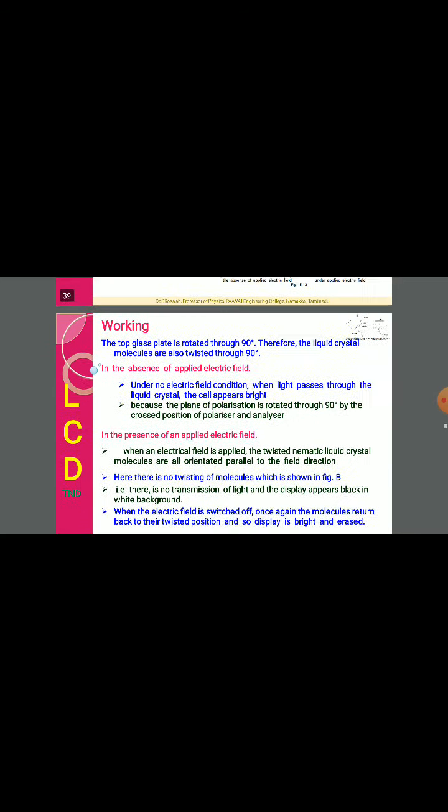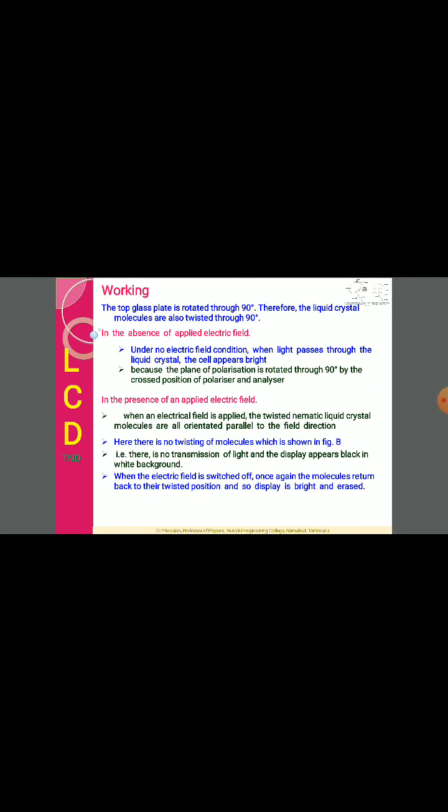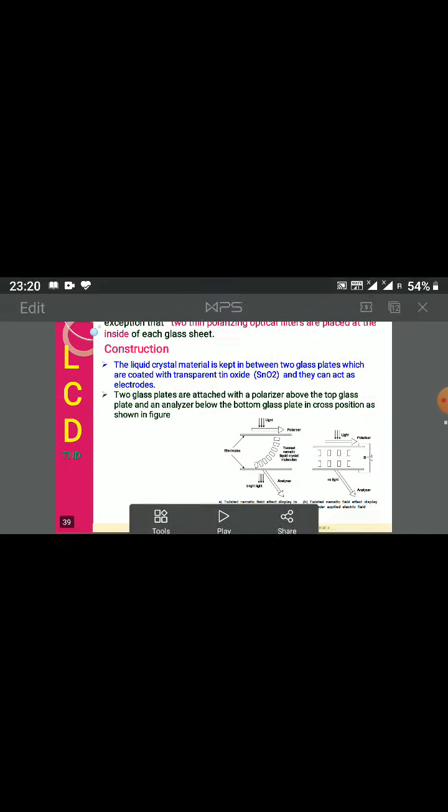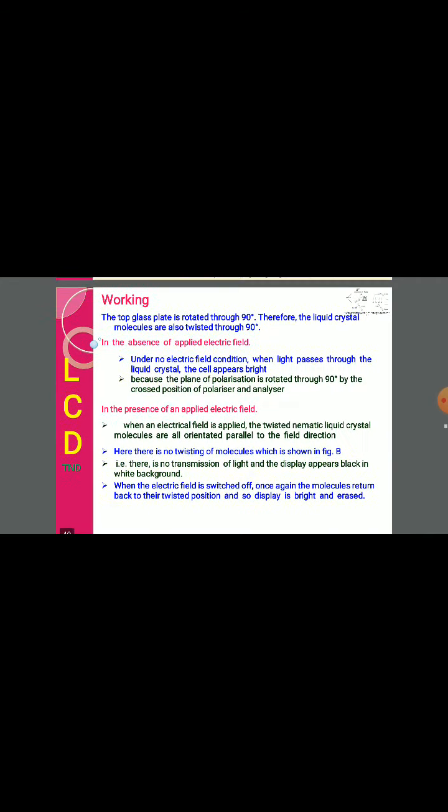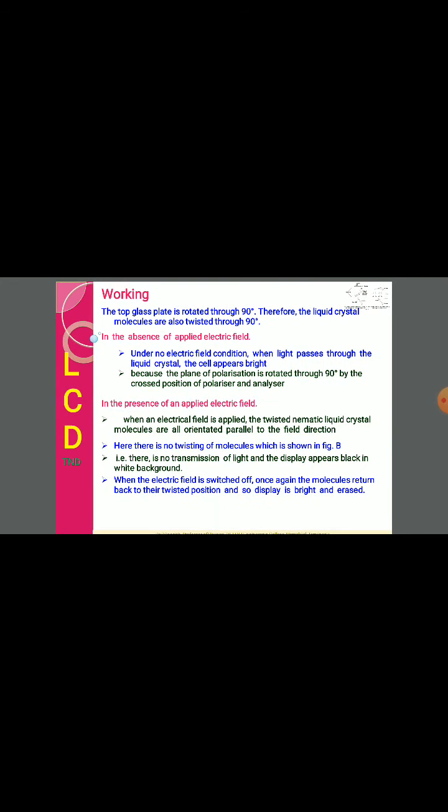How will it work? It's only an advancement on the previous one. The top glass plate is rotated through 90 degrees. Therefore, the liquid crystal molecules are also twisted through 90 degrees.